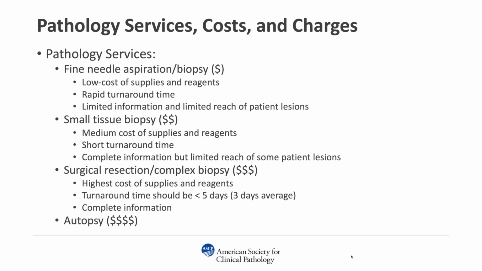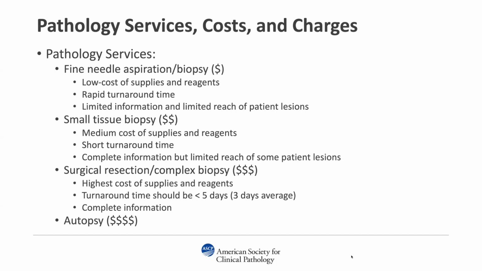The next is a small tissue biopsy. So this is one step up from fine needle aspiration, where there's a medium cost of supplies and reagents. You do need things like scalpels and formalin containers, et cetera, to take that piece of tissue. It's a shorter turnaround time. It's not rapid, but it can be a pretty short turnaround time. But it's complete information, but again, limited reach for some patients, right?